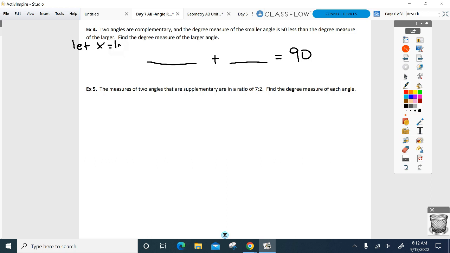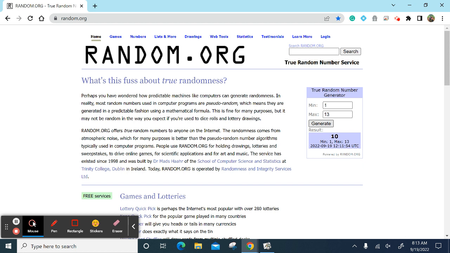X is the larger. All right, now I'm going to ask somebody. Don't yell anything out. Smaller is 50 less than the larger. So how are you going to write what the smaller one is then? It's 50 less than this. I don't want a new variable either. I want something with X in it.